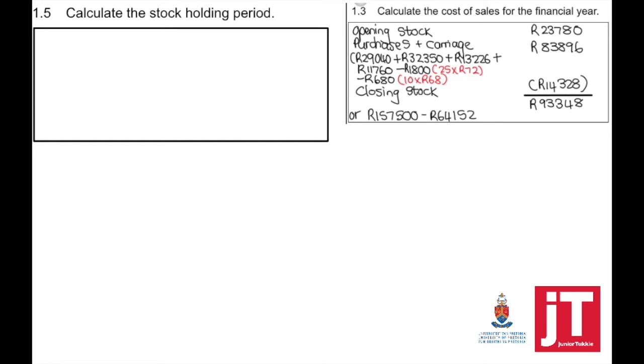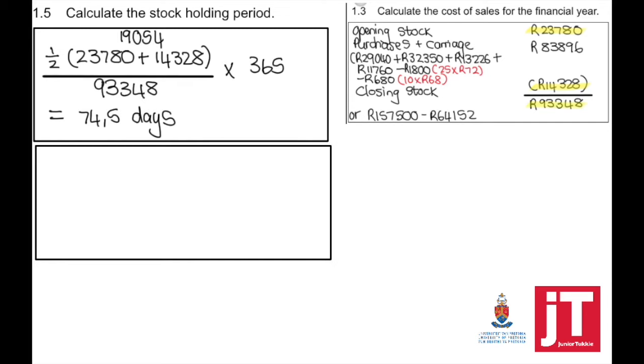To calculate the stock holding period, in other words, how long do we keep our stock? It is my opening stock plus closing stock divided by 2, so we can times it by a half, divided by my cost of sales, times 365 equals the number of days.